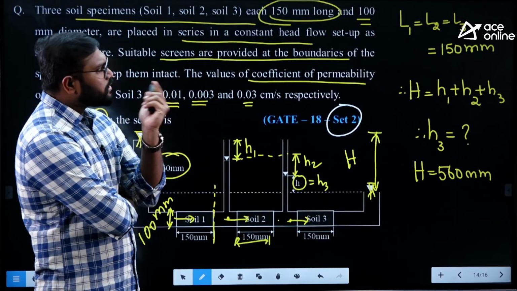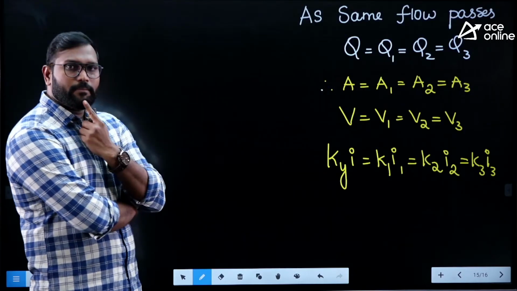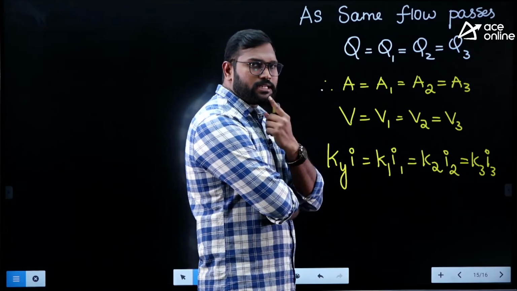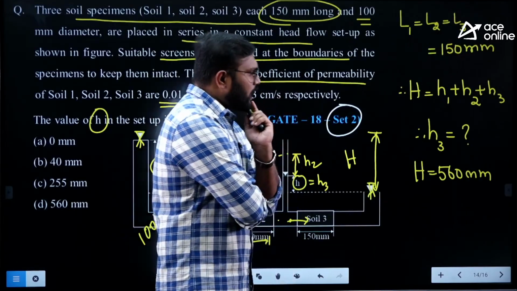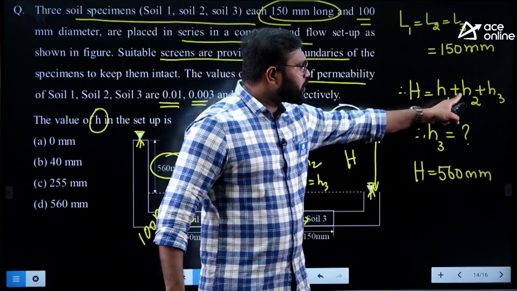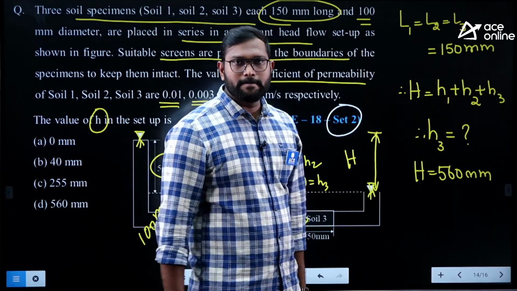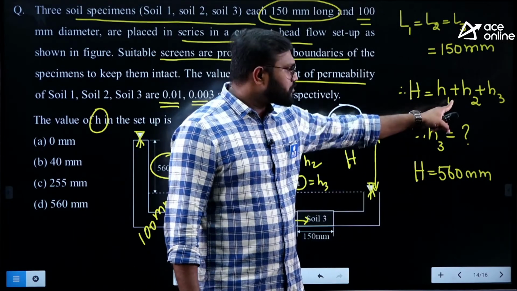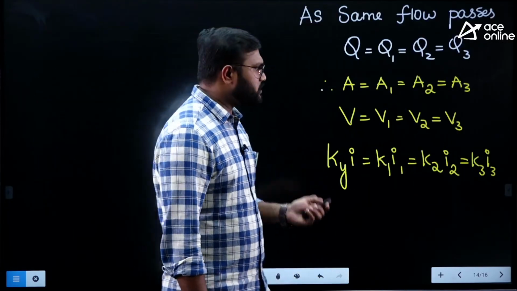So what I'll do is, I will take two things at a time, and I'll try to write H1 and H2 in terms of H3. How, sir? Let's see now.